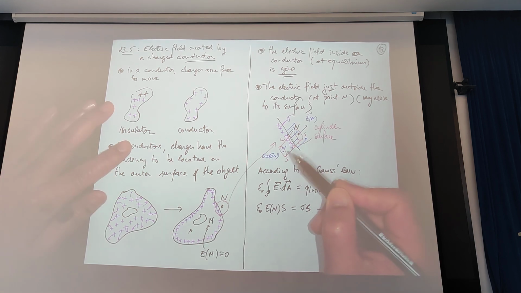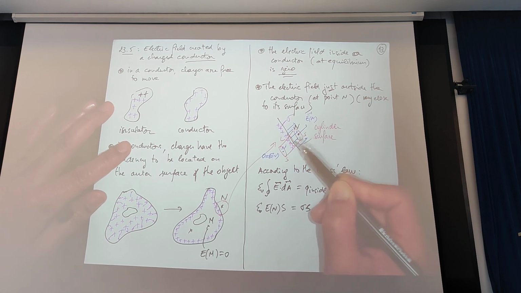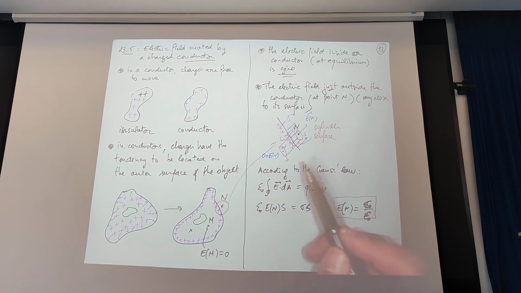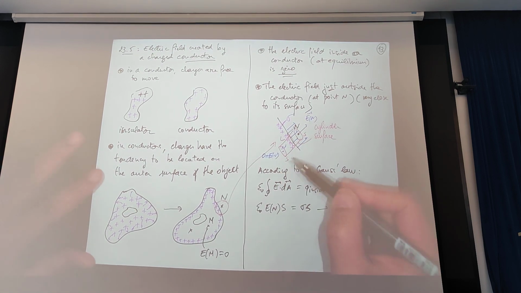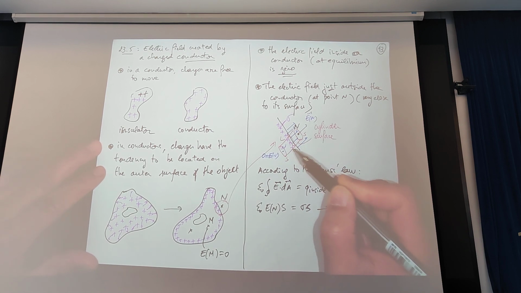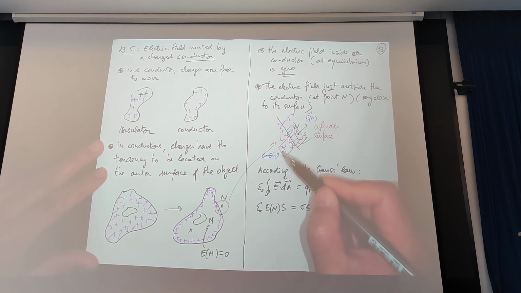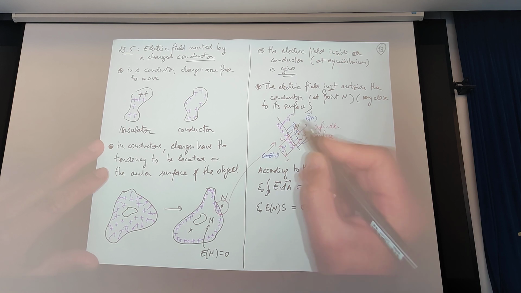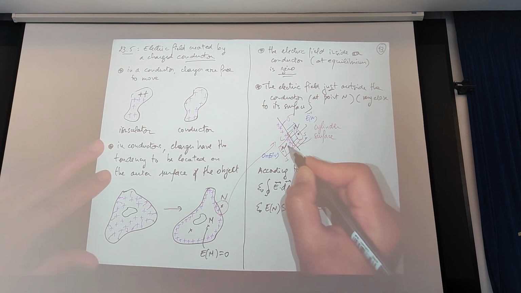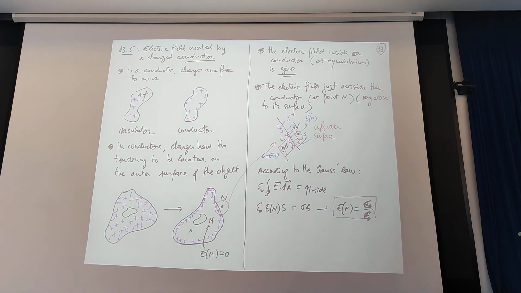You mean the distance from here to here? Yes, in that case it's not necessary to have something symmetric. You're right, because for the point n prime you can take any point inside the conductor, because the field at any point inside is equal to 0.